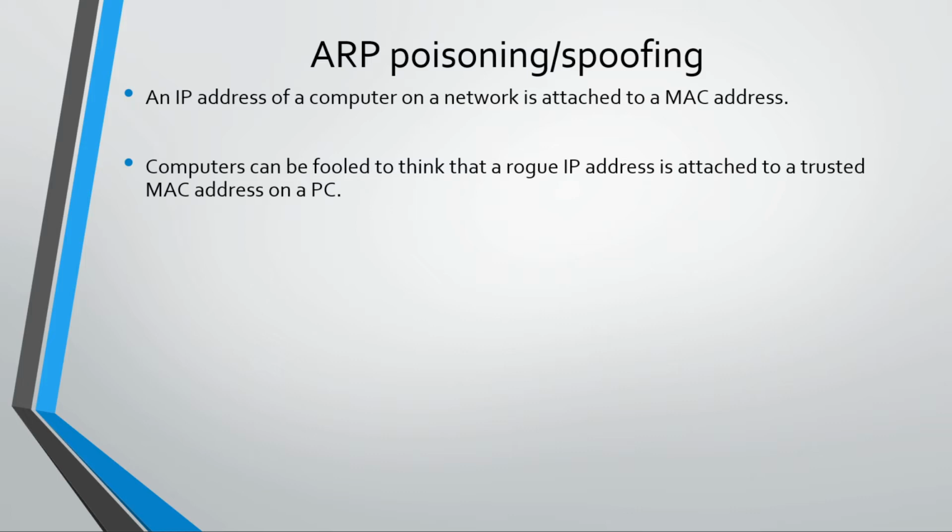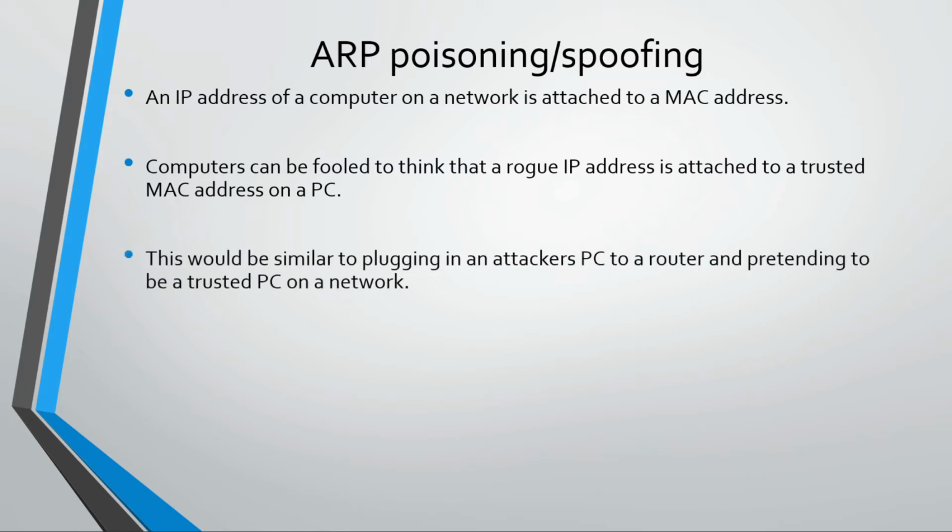Say a router has a MAC address that's trusted, you could potentially pretend to be that MAC address with a different IP address and then start sending the data to that other IP address instead. Now, this might seem confusing because it's difficult to explain just through a presentation. I have a demo set up and I will be showing you that momentarily.